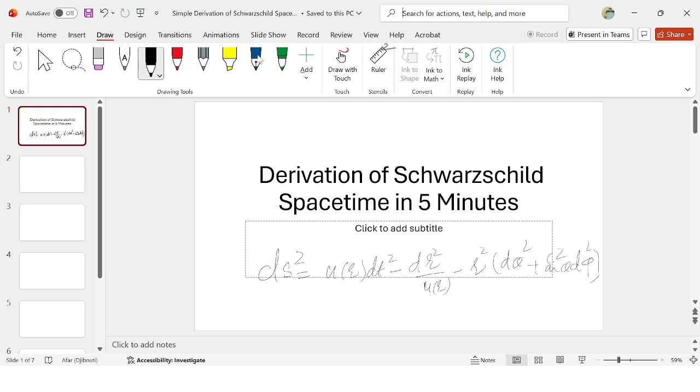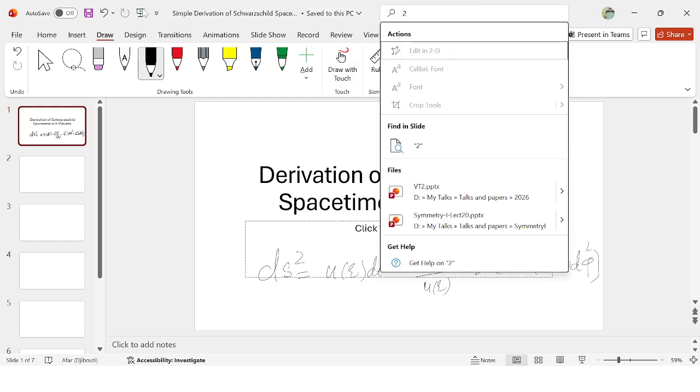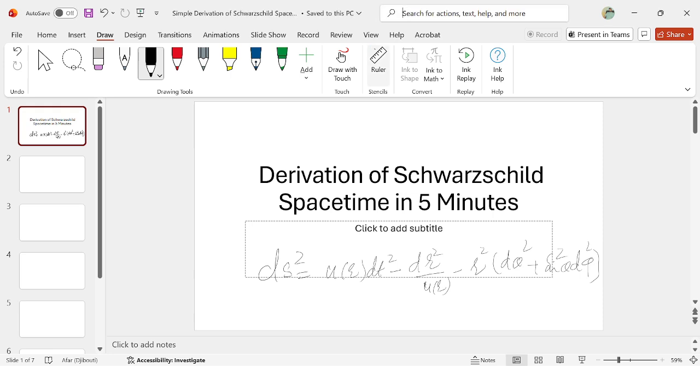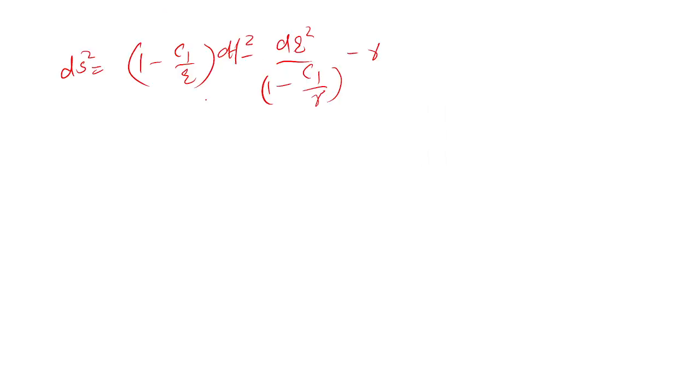I made a mistake, so minus r square, this is not r square, into d theta square plus sine square theta d phi square.